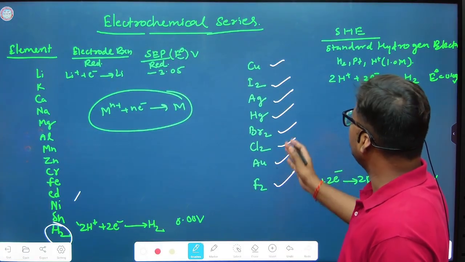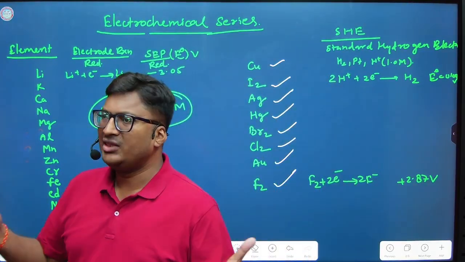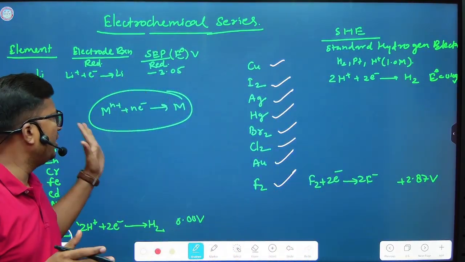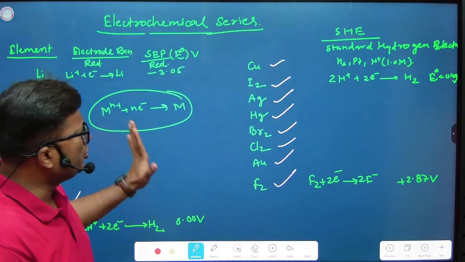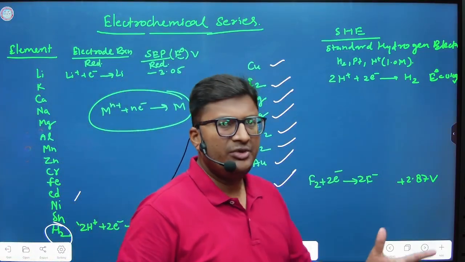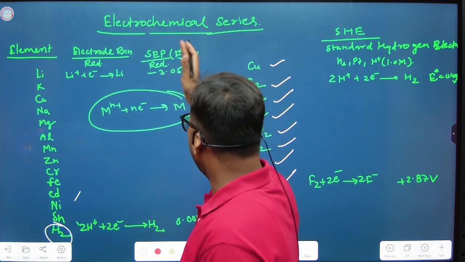So this is actually a brief series. All the elements can't be shown here because of the limitation of the blackboard, so we just try to give an overview of this series, right?